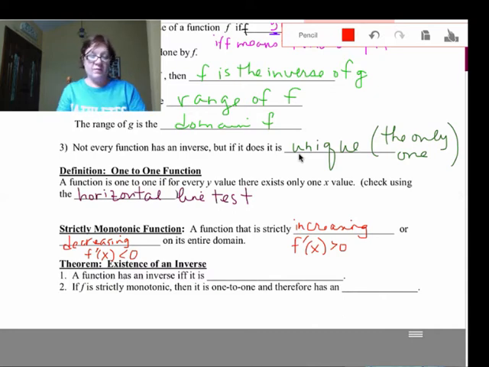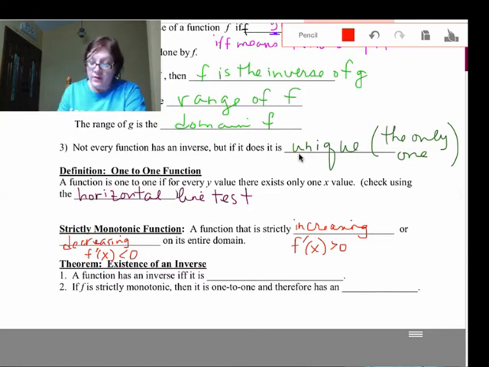And you can think of graphs that are like that, where the slope is all positive. Of course, I could have a line doing that. In the same way, the slope is all negative, I could have a line doing that. Those would both be strictly monotonic.